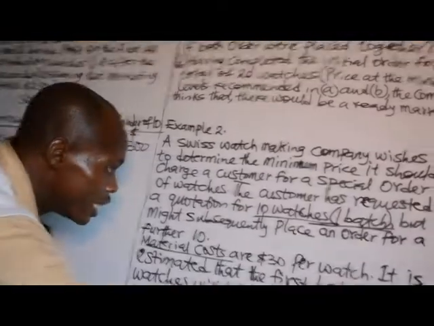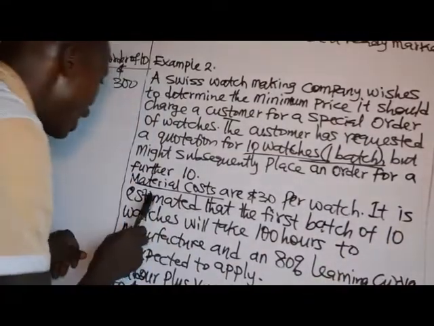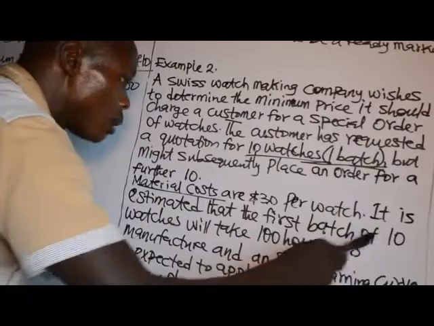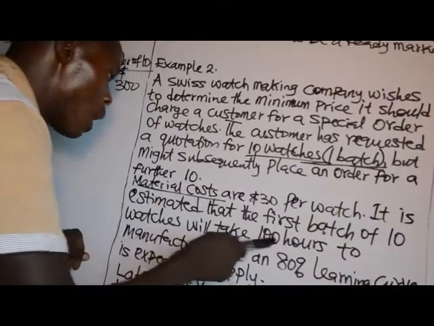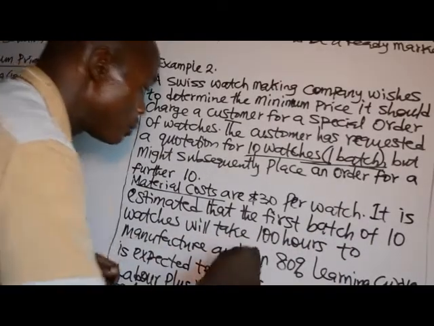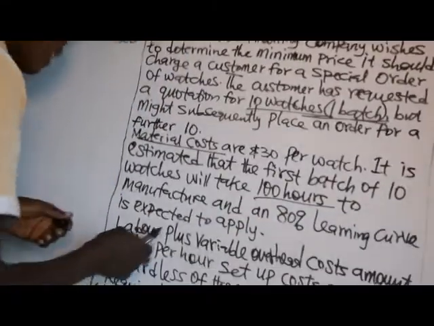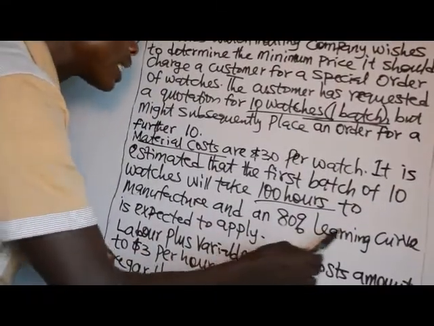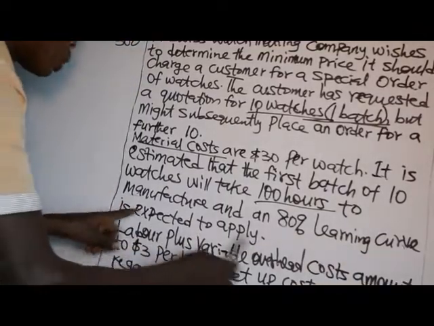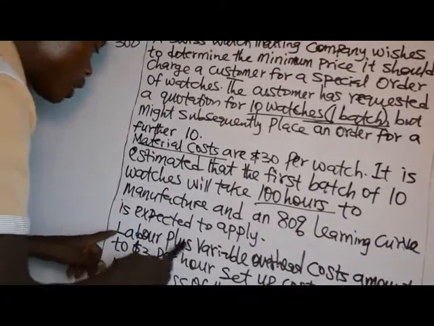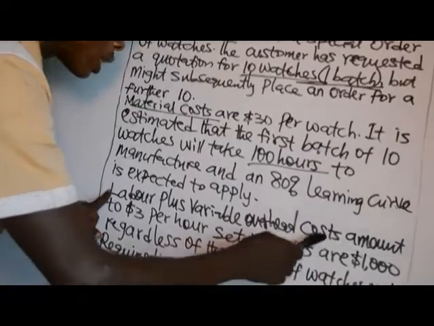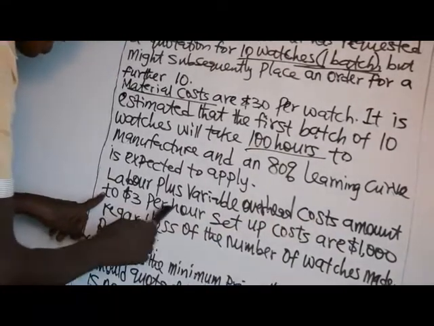It is estimated that the first batch of 10 watches will take 100 hours. This is the time for the first batch to manufacture, and an 80% learning curve is expected to apply. Labor plus variable overhead costs amount to $3 per hour.